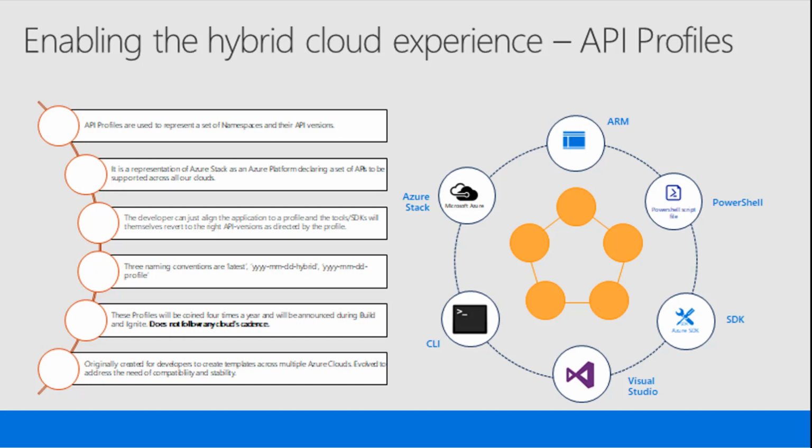By doing the profile, it allows that profile to basically adjust for all the various different API versions for all the various components. So I don't have to go through and individually update all the components. All I have to do is make sure I have the correct API version that covers all the various components underneath it. And that will make my deployment much, much easier in a hybrid environment. And again, in Bing, if you search for Azure API profiles, there's great documentation to help you out on this.